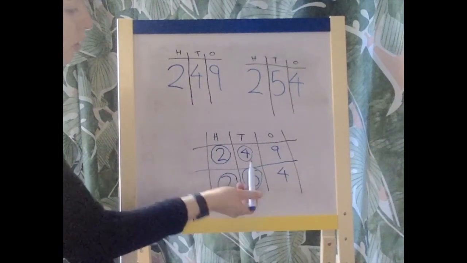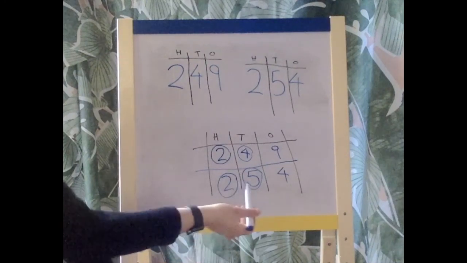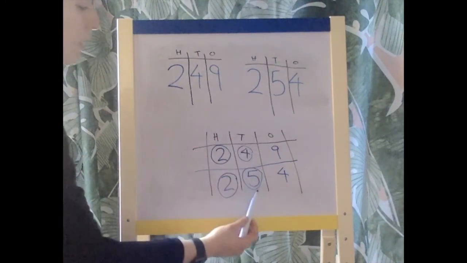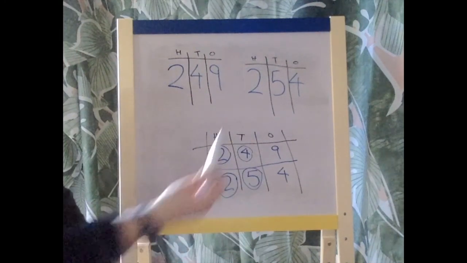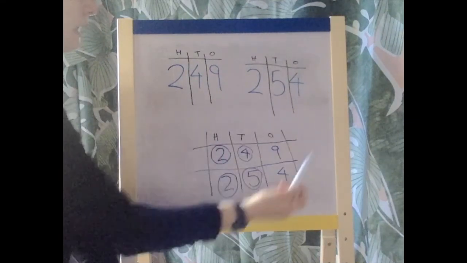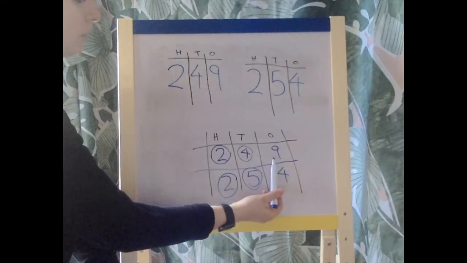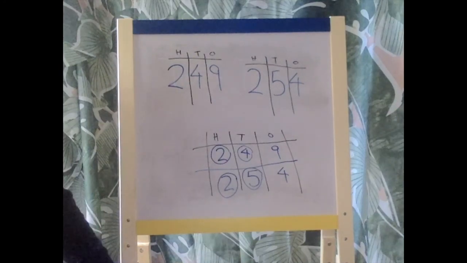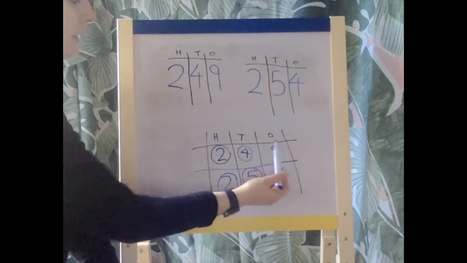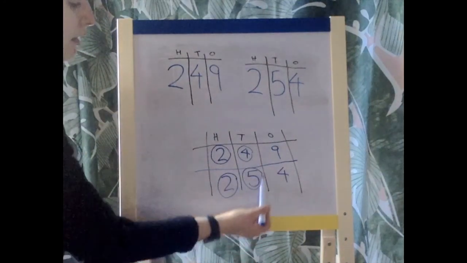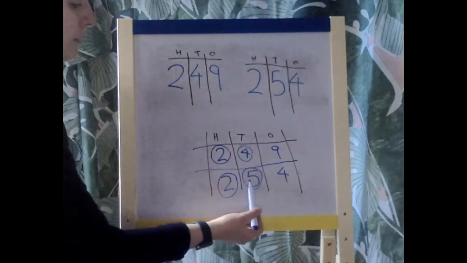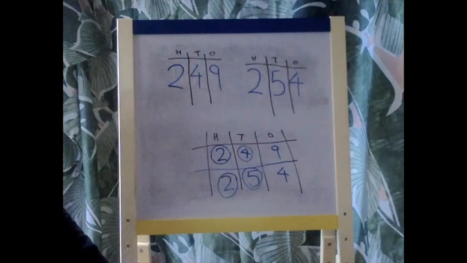Is 5 bigger or 4 bigger? Yeah, 5 is bigger. So that alone tells us that this number here is the biggest number, even though over here we've got a 9 and a 4. Okay, these digits don't matter anymore because we've got our understanding of which number is bigger from the tens column.